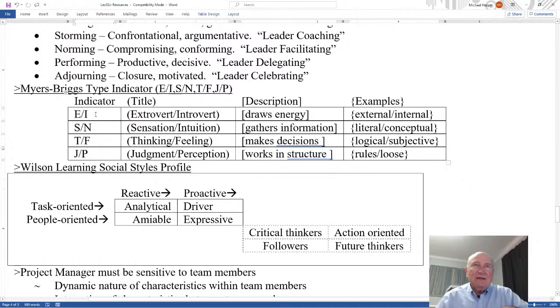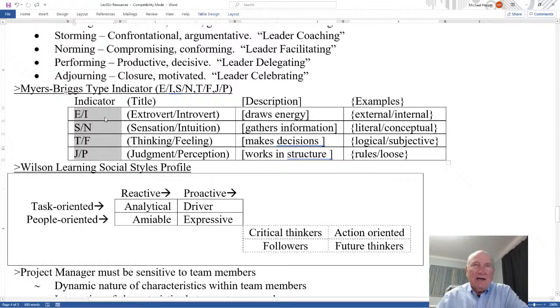And so the way it's used in project management, let's just jump to project management, is that each of these indicators, and there are 2 on each, so there are 16 type indicators, is how an individual can contribute to a project.